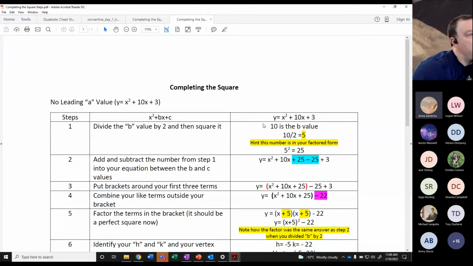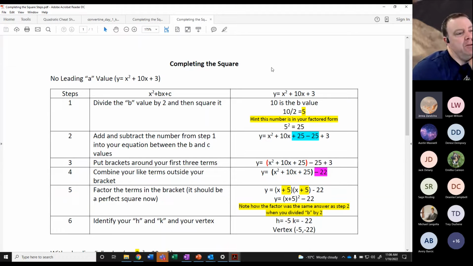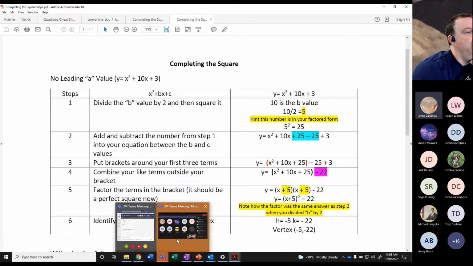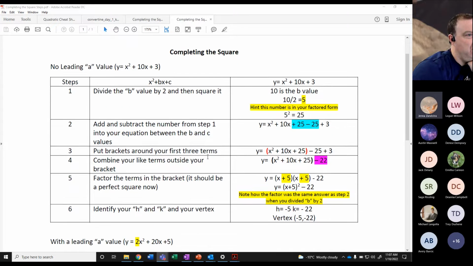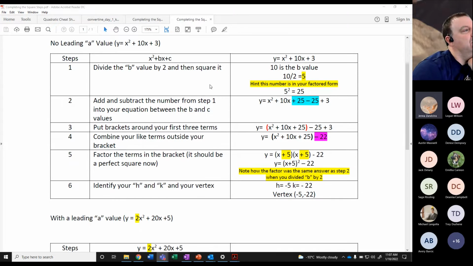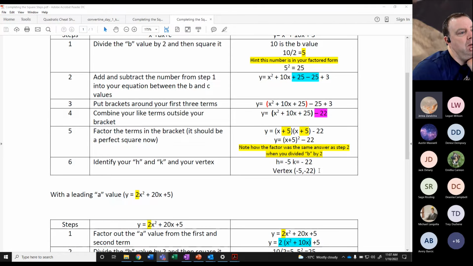Okay. So completing the square. I sent this to you yesterday, and this is what we did prior to Christmas. Now, Emma, your work was good. So this is where we're going from standard form to vertex form. Does anyone have any recollection?